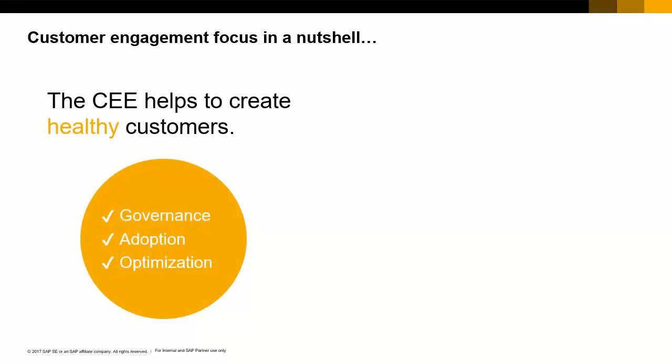What is the result of all this proactive engagement? The bottom line is that proactive customer engagement delivers results. If we are maintaining the proper proactive engagement with our customers, we will create and maintain healthy customers that have good internal governance and adoption of SAP SuccessFactors solutions with proper ongoing optimization.